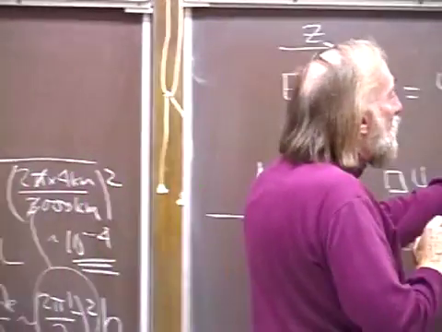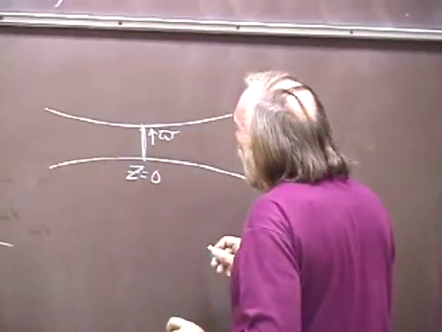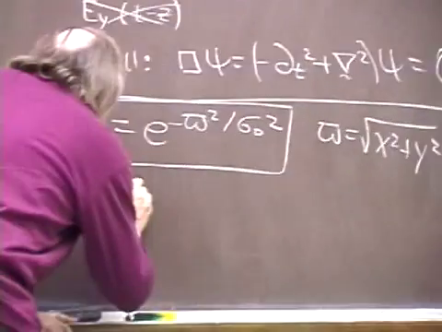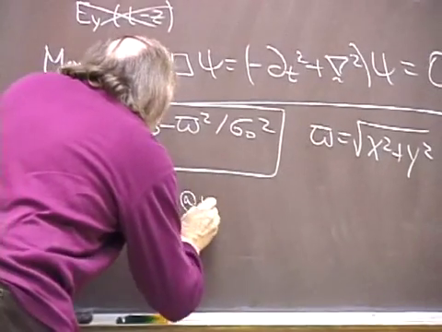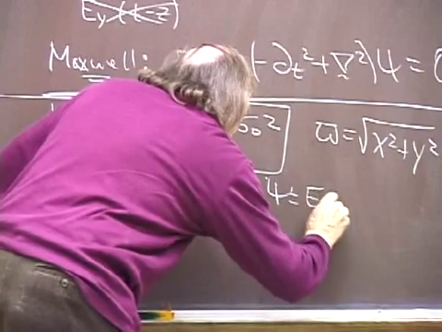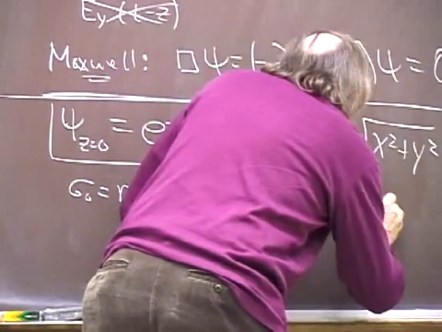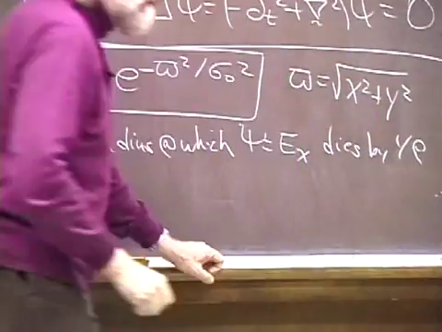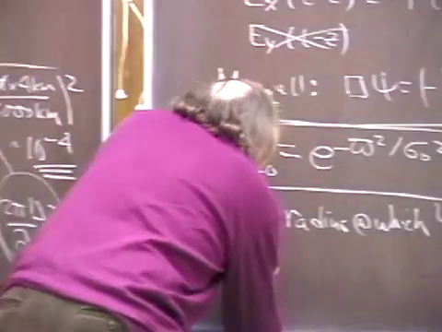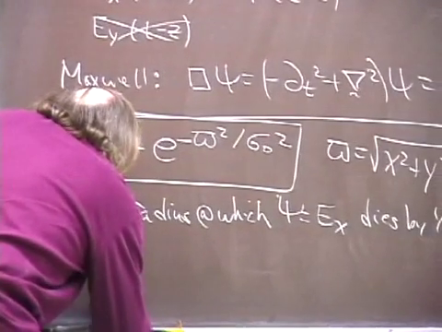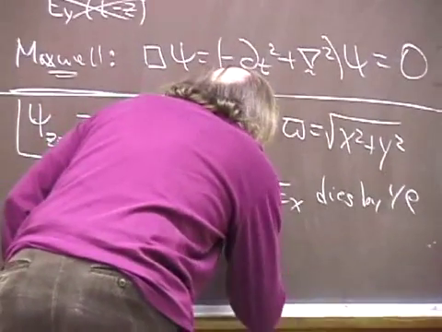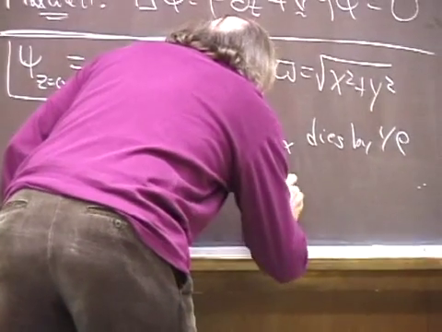Then, as it goes out, its size is going to spread. Notice that sigma naught, then, is the radius at which psi, which is, say, an appropriate component of the electric field, dies by 1 over e as you go away from the center. So it's a beam spot size in that sense. Sigma naught divided by square root of 2 is the radius at which the light power, or energy flux, dies by 1 over e.